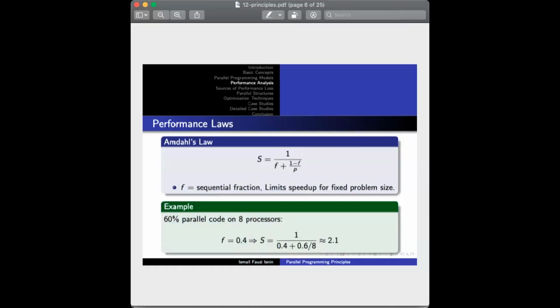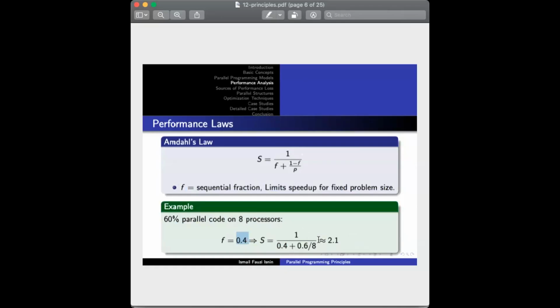Our actual performance gain is heavily limited to 2.1 because the 40% serial bottleneck dominates the execution runtime.